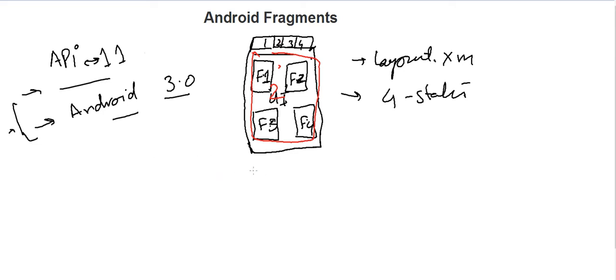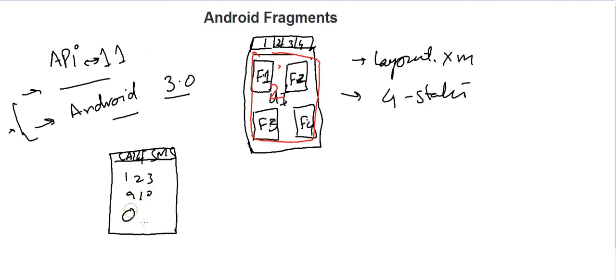In a calling app, you can have an activity to make a call or SMS, and this activity can have two fragments, one for call and one for SMS. The call fragment has the digits and a call button.